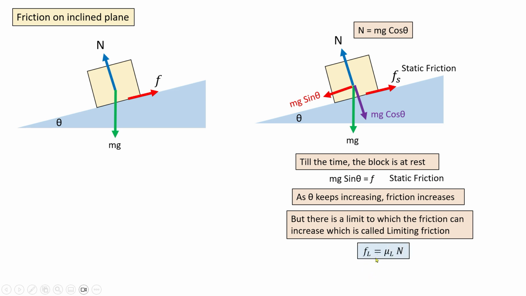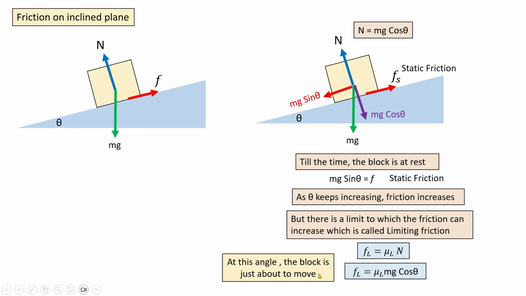The formula for FL is mu L times the normal reaction, where mu L is called the coefficient of limiting friction, and N in this case was mg cos theta. So the value of FL will be mu L mg cos theta. Now remember that situation when the friction reaches its maximum possible value, which is called the limiting friction, that theta is the case.